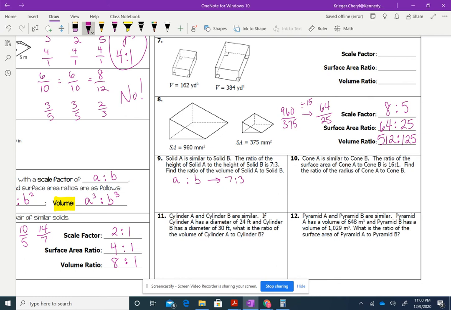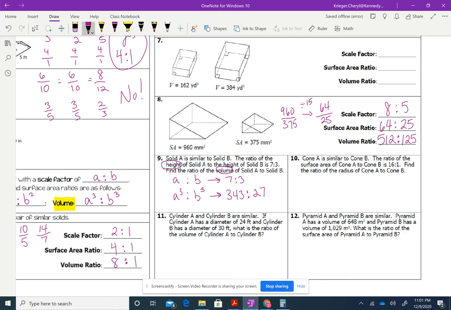If it's the volume, right, height is linear. If they want the volume, we're going to find A cubed to B cubed, and that would be 343 to 27. Right, so I just cubed A and B.